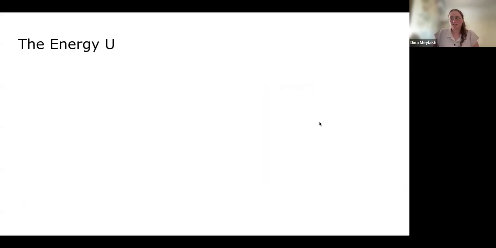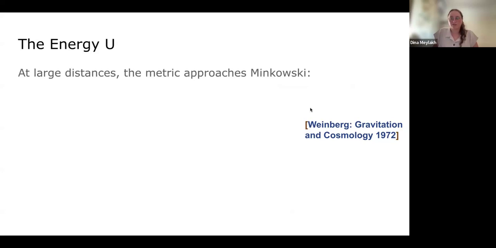So let's now talk about the internal energy U. The definition for the energy U is given to us by Weinberg in his book Gravitation and Cosmology, and a similar derivation can be found in Landau and Lifshitz. The question is, how do you define the energy U for a curved spacetime?